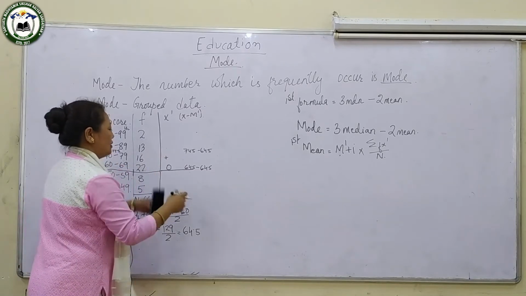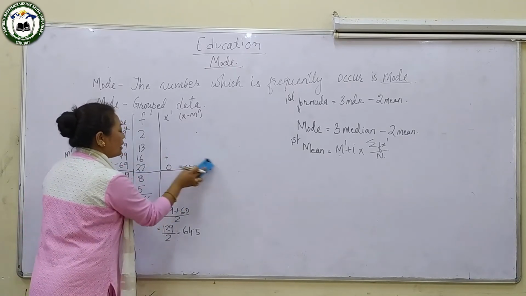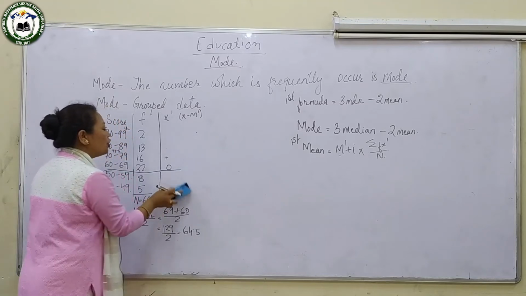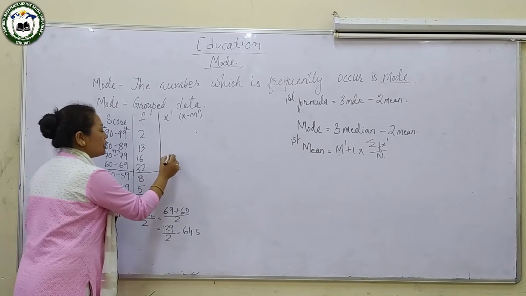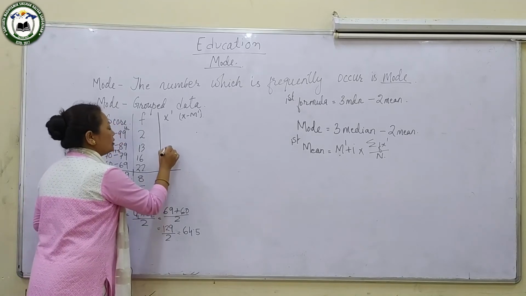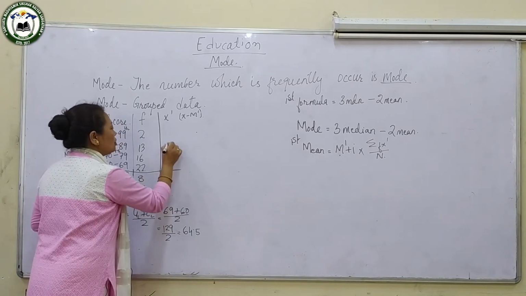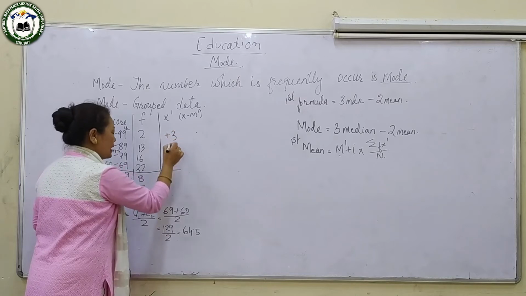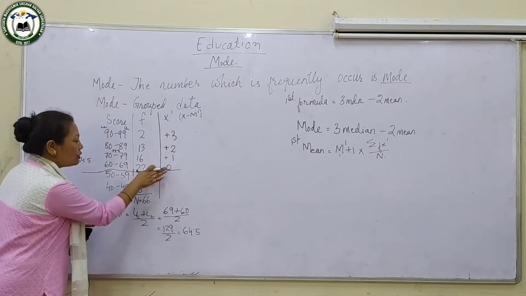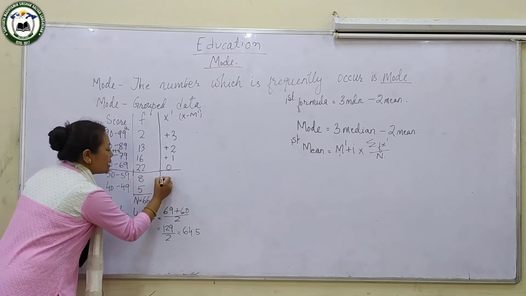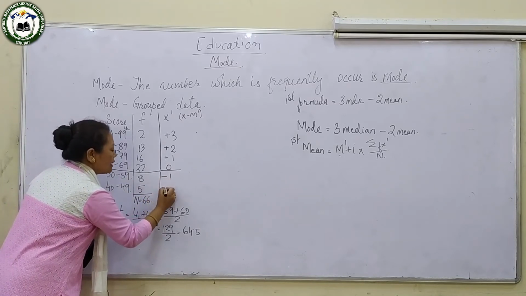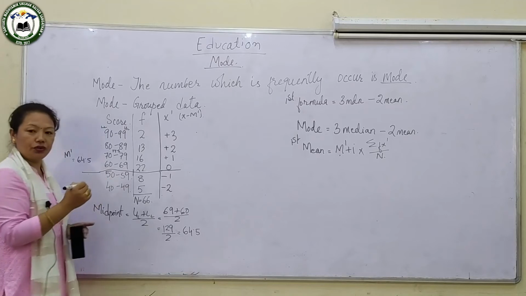For your convenience, for your easiness, you take plus 1, plus 2, plus 3, and the ones below the modal class, the main frequency, that is minus 1, minus 2.